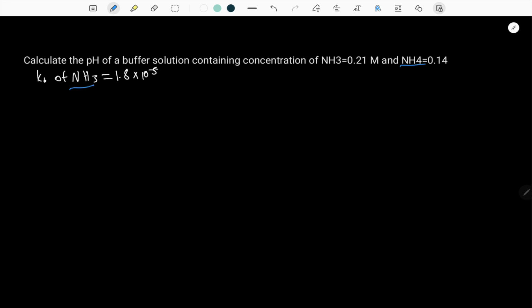Here we can directly write, and this is going to be the same for every question, x times, in the numerator, 0.14 plus x, over the left side, NH3, which is 0.21, is equal to 1.8 times 10 to the power of negative 5.